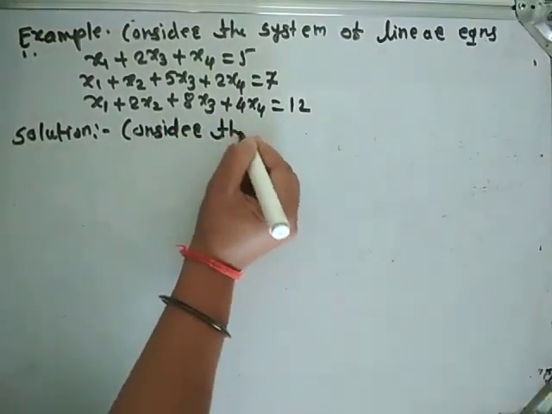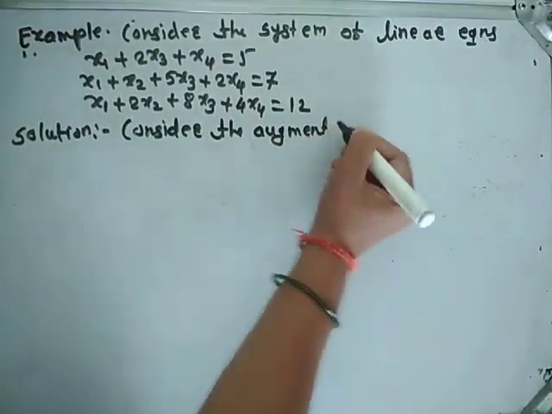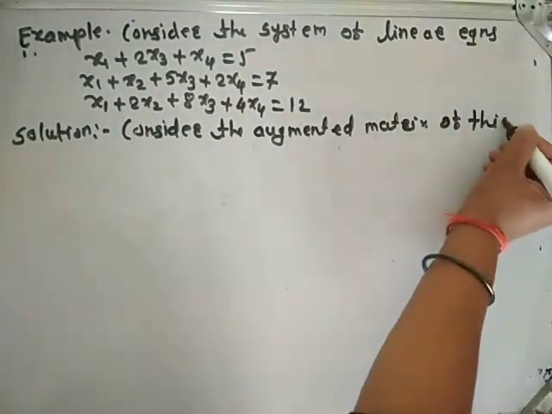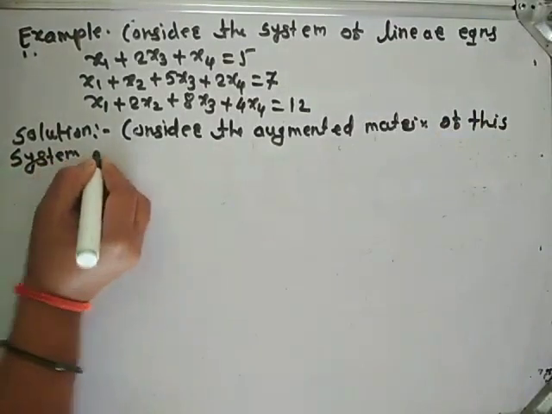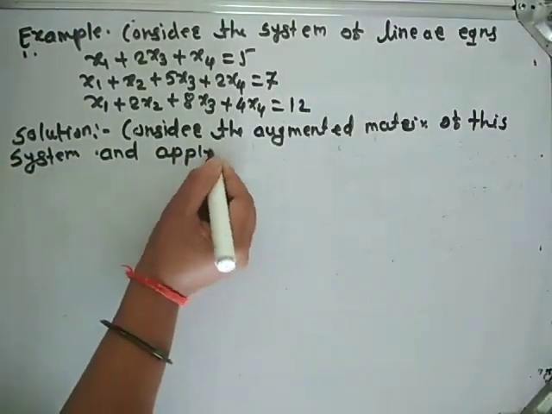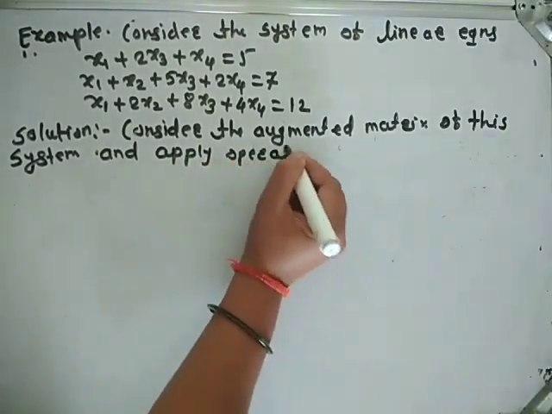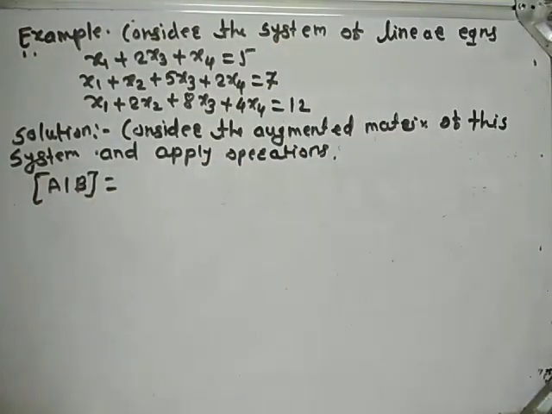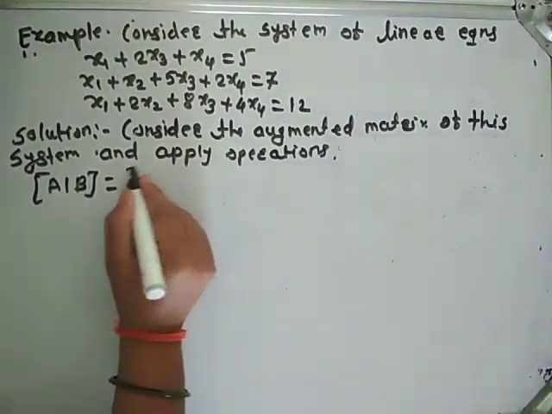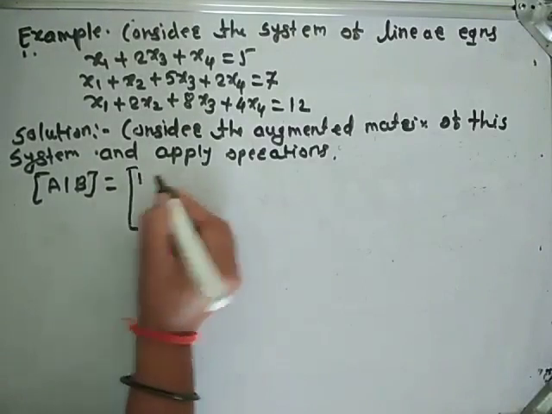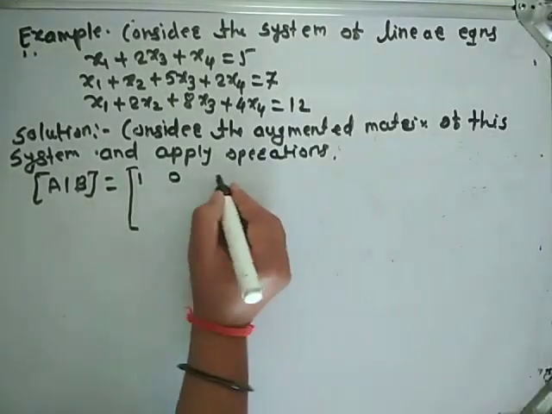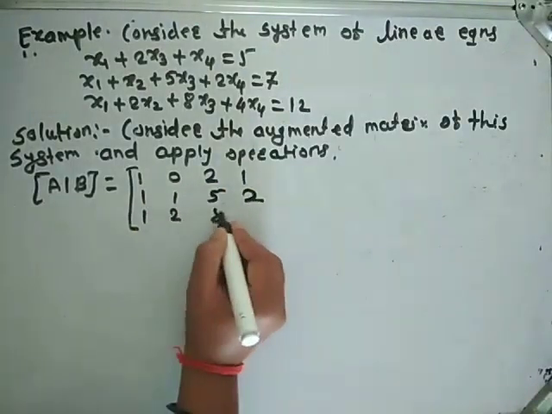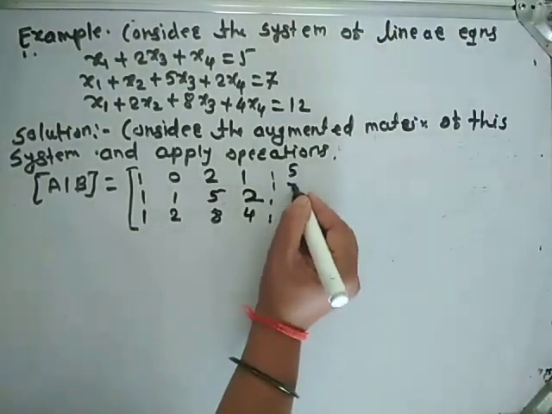Consider the augmented matrix of this system and apply row operations. Okay, the augmented matrix of this system is, first write down matrix A. The coefficient of x2 in the first equation is 0, so this is 1 0 2 1, 1 1 5 2, 1 2 8 4, and 5 7 12.